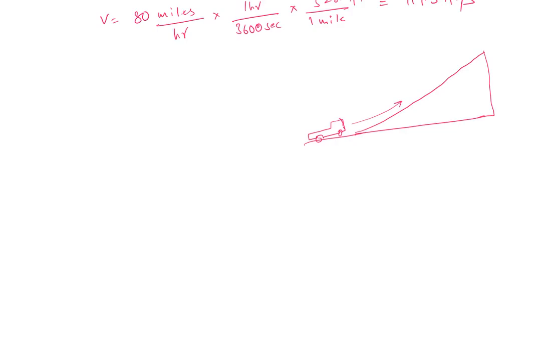So how long should this be? And that angle is given as 40 degrees. How long should it be so that this truck traveling at 80 miles per hour can stop?